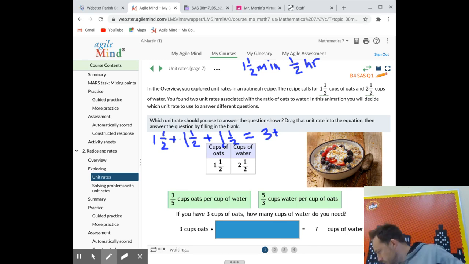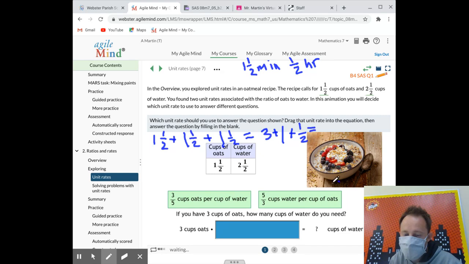When we get 2 halves, that would be 2 halves equals 1 whole. Good job, Chandler. And so we got 3 plus 1 plus a half, which is going to be what? What's 3 plus 1? 4. 4 and a half. 4.5. Good deal. All right.